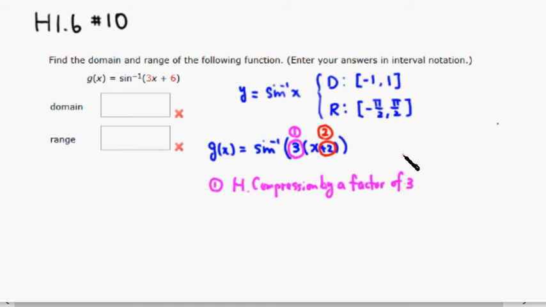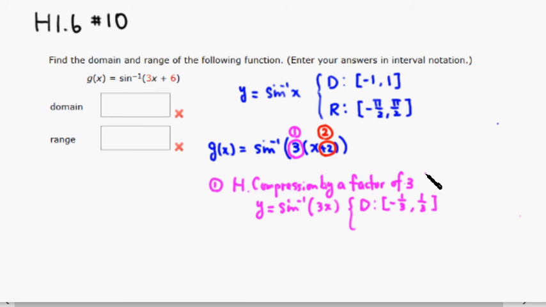After the compression, we have y equals arc sine of 3x. The domain of this is compressed by a factor of 3, so everything is multiplied by 1/3, giving -1/3 to +1/3.